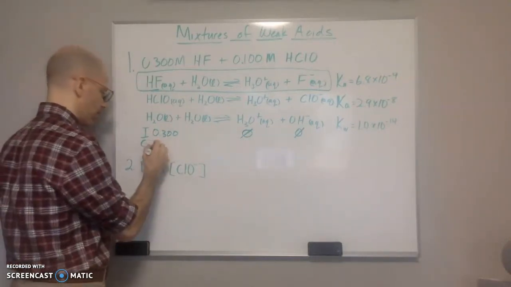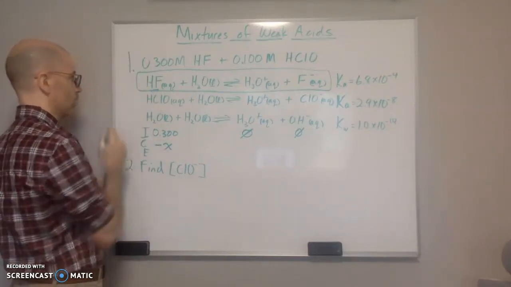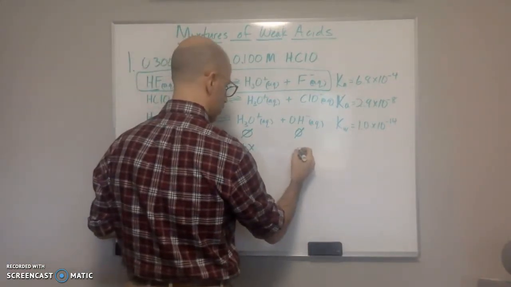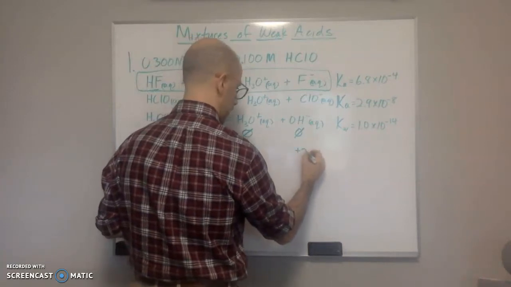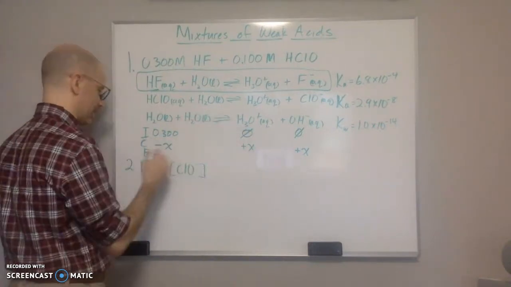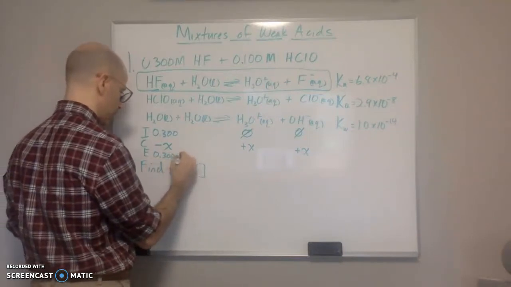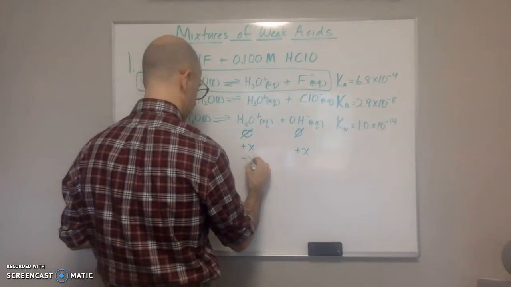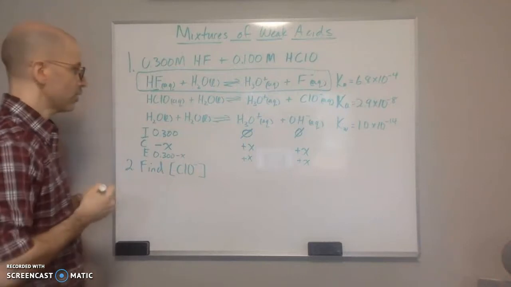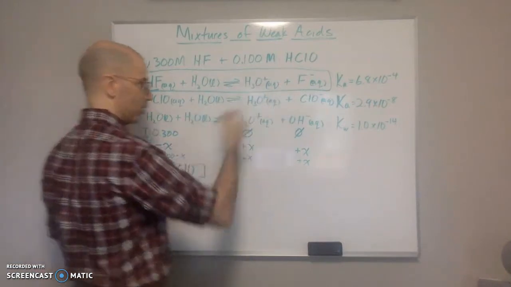That means we're going to lose x amount of our reactant HF, and gain x amount of H3O plus, and gain x amount of F minus. And so we add these together to get our equilibrium expression. So this is going to be 0.300 minus x, plus x, and plus x. And so now we can write the equilibrium expression, our Ka expression.